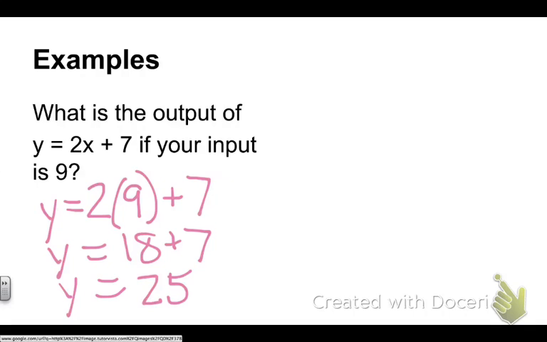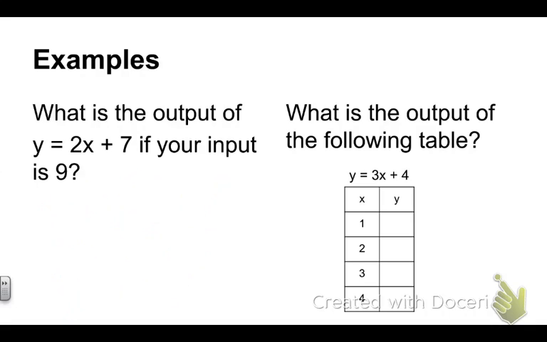All right, another example here. You can have it in table form. What is the output of the following table? So if my equation is 3x plus 4, it's the same exact thing. All you have to do is substitute. So 3x plus 4, substitute in 1 for x. 3 times 1 is 3, plus 4 is 7.